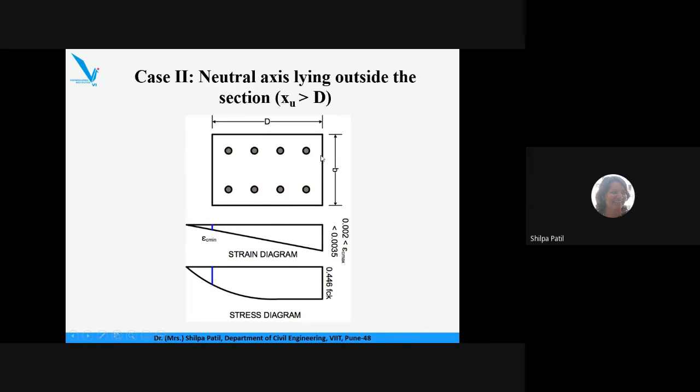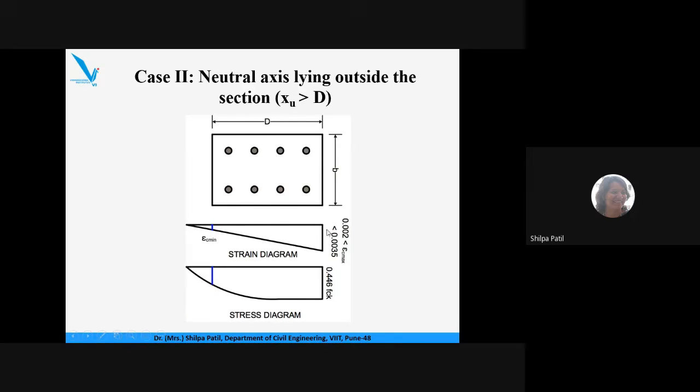The load is acting somewhere here. Okay, and at this particular part the load is acting, so the compressive load in this region will be highest and in this region it will be lowest. So the strain developed in the column is maximum at this end, that is on the side of the load, and on the opposite side of the load the strain will be minimum.